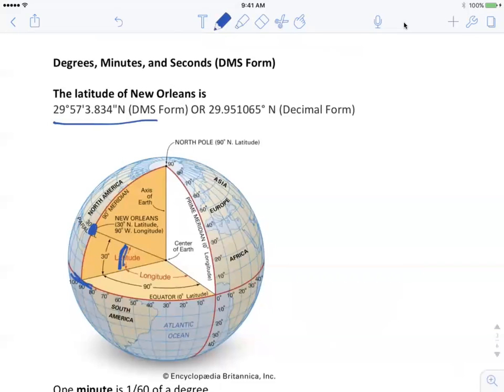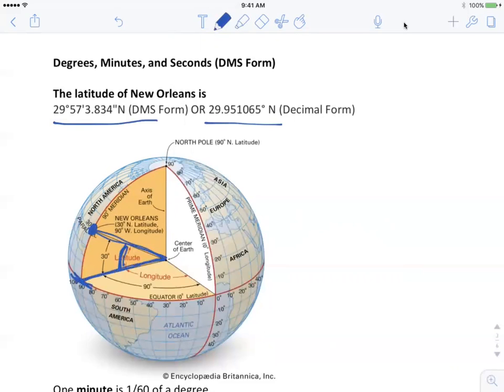So if you cut the Earth to the center of the Earth, the angle that New Orleans makes with the equator is a little less than 30 degrees, okay? So this gives a precise location, right? If we didn't have minutes and seconds and we just said 30, it's not going to be quite precise. So this gives us that precise location.